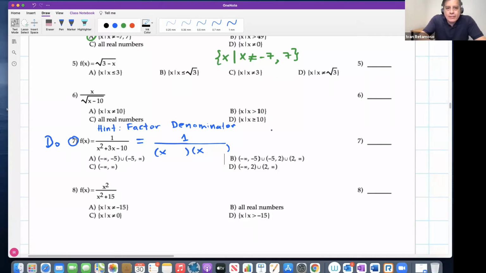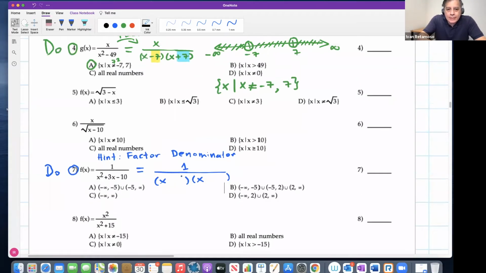And after factoring, you pay attention to this number, you take the opposite, remove them from the number line. Basically, we are done, right?